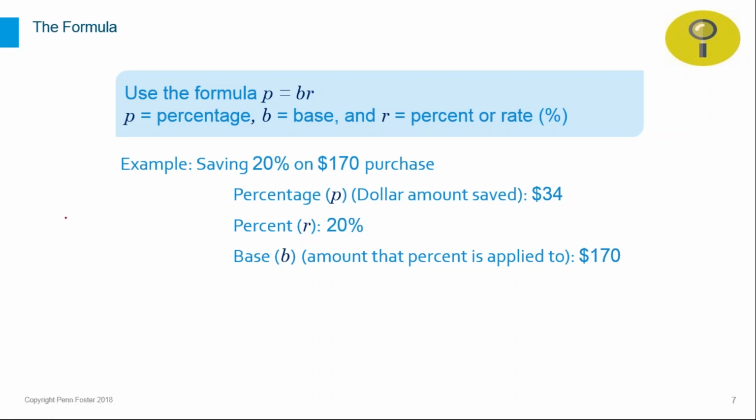The formula that you see on the top, P equals B times R, you will see that in your lesson. And this formula we are going to use a lot in calculating percent. Before we go ahead and do some calculations, I would like to go over the meaning of that formula. What does it stand for? P is the percentage. So the percent and the percentage are different.